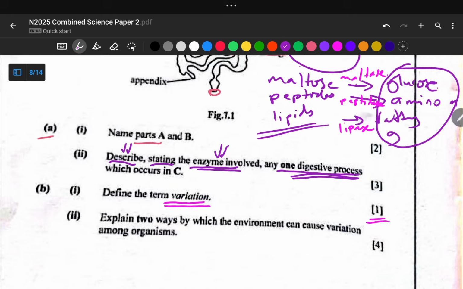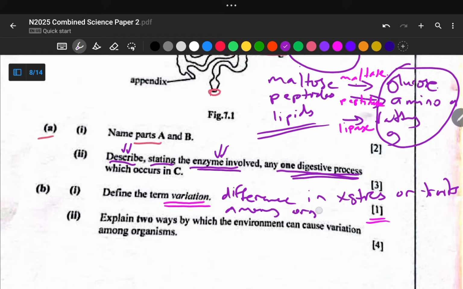So it is the difference in characteristics or traits among organisms or individuals of the same species. Same. So you need to take note of this one, same species, right?